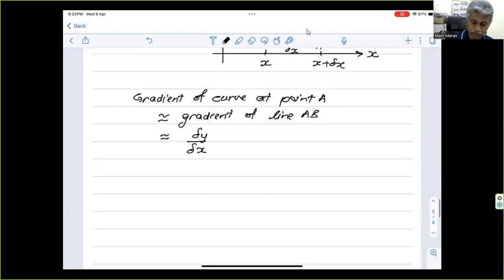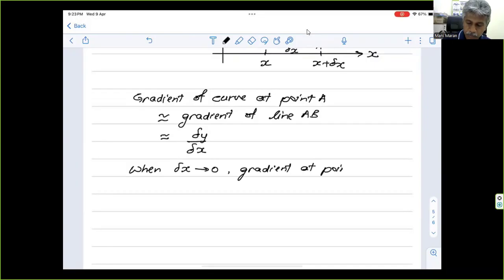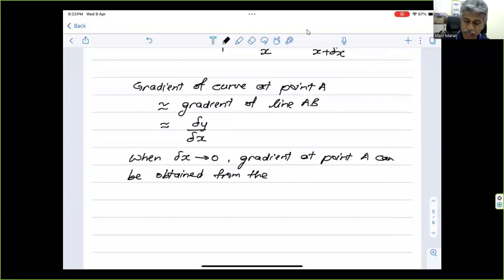So here we write: when delta x approaches 0, the gradient at point A can be obtained from the gradient function.